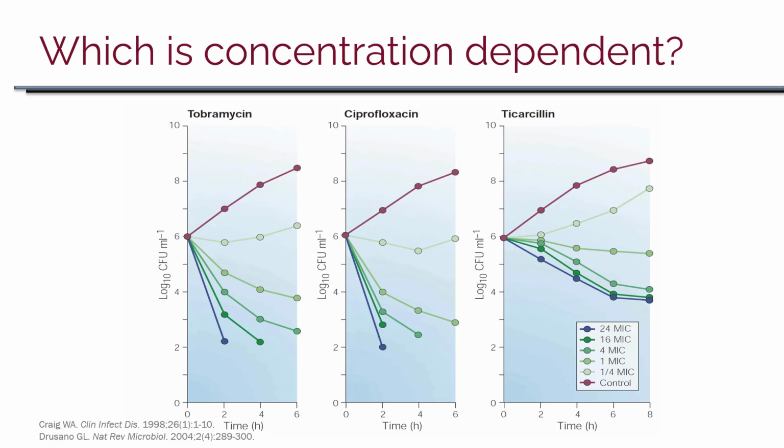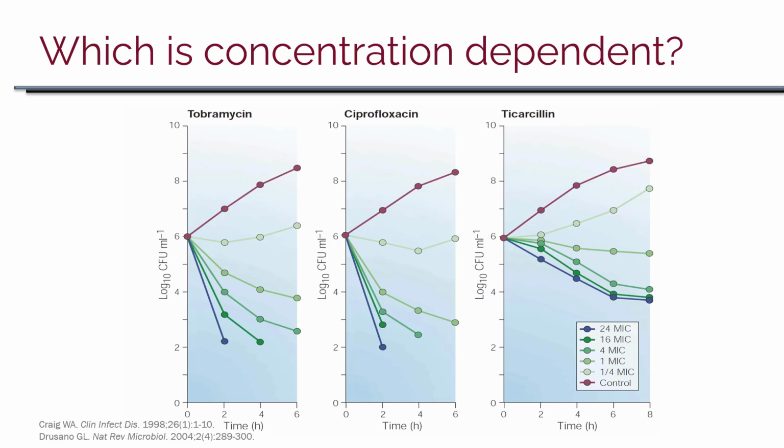Why don't you practice for a minute so you can present this? We're just trying to show what's concentration dependent. We have tobramycin, ciprofloxacin, ticarcillin. If you haven't heard of that, just consider that the beta-lactam. Okay, go for it.